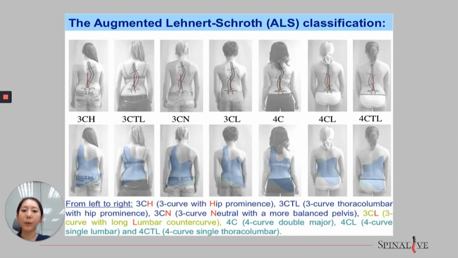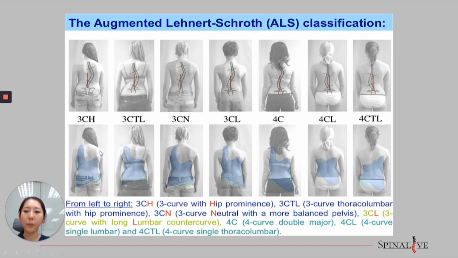Okay, so the other one would be an augmented Lehnert-Schollner classification system. So this one is mainly for bracing purposes. So this is subdivided into 7 categories over here. 3, 3, 3, 3, meaning thoracic being the main curve. 4, 4, 4, meaning there's a lumbar component in it.